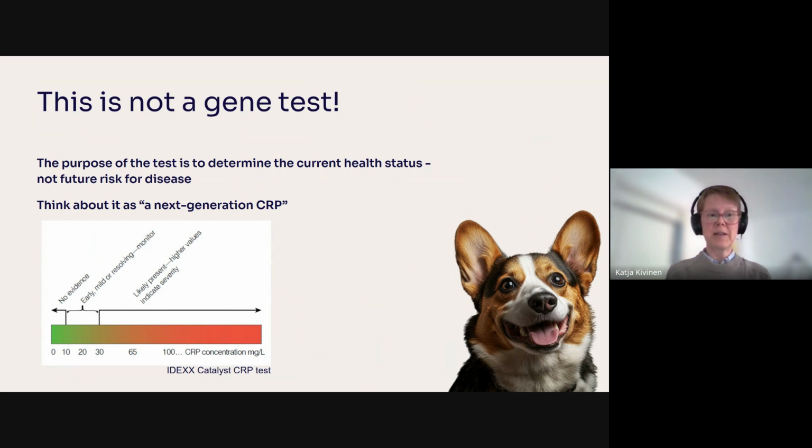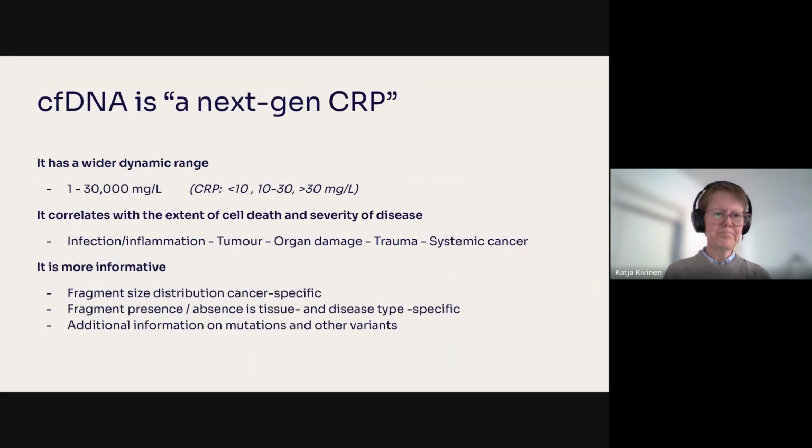With cfDNA, you can already start suspecting this at a lower level, but then also at the upper end, you can have 10,000, you can have 35,000 milligrams per liter, which is quite a lot. And this usually only happens in recent major trauma, so a major surgery, or with some blood cancers. So this is why we call this next-gen CRP.